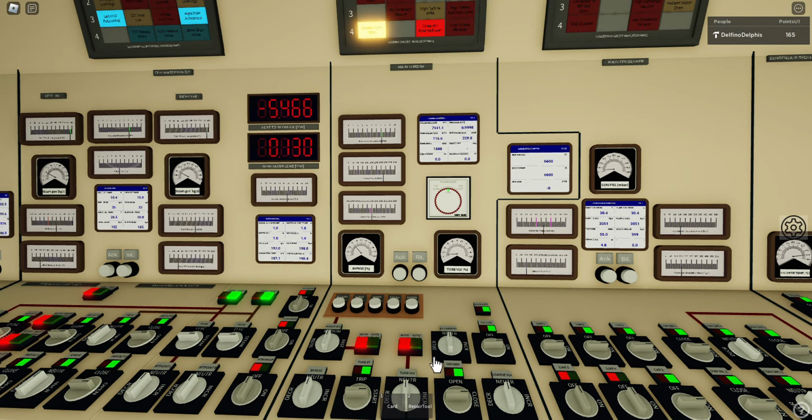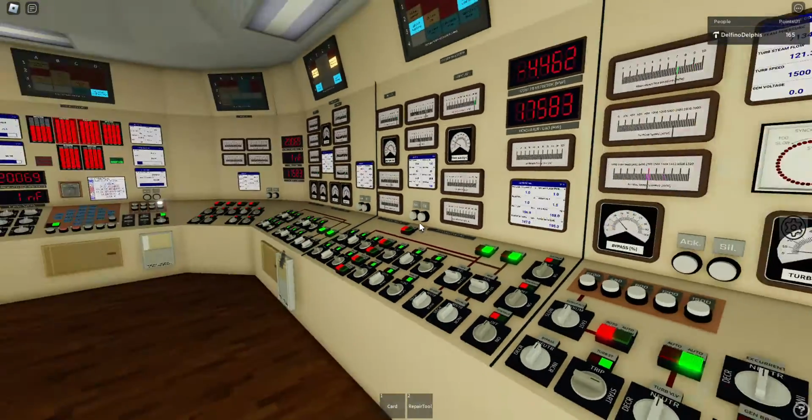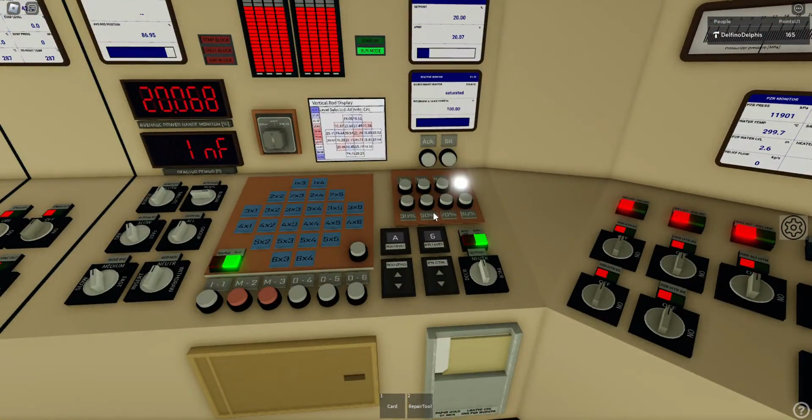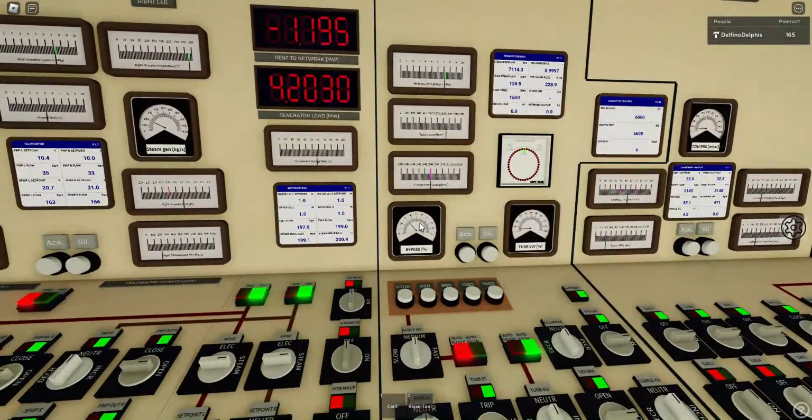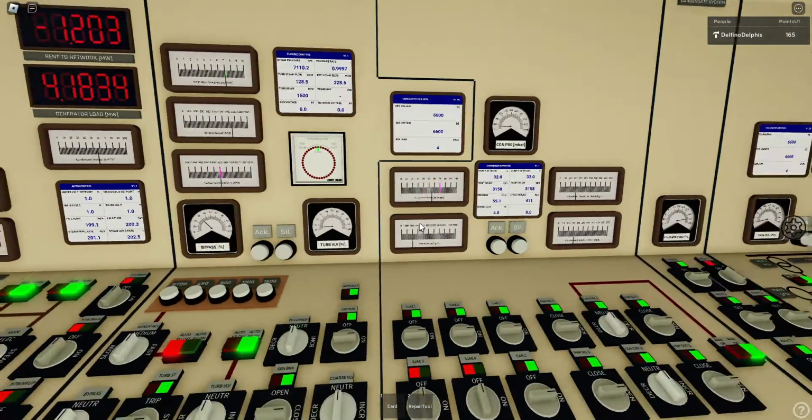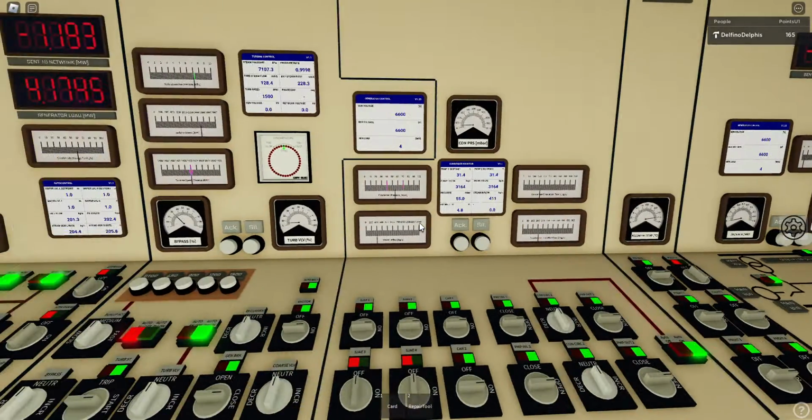So I will now put auto pressure hold here, and I will raise power to about 50%. Let's just check if everything is okay here.